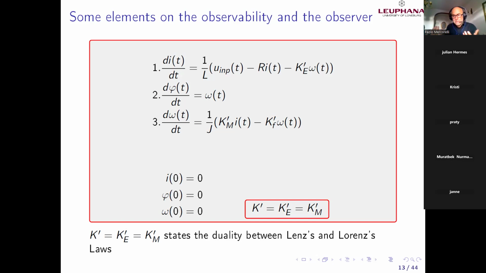inside the form, or let me say behind the form, we have something essential. The form is the derivative of all state variables, current, position, rotor velocity, equals a function of the state variables and the input. This formal aspect allows me to say that the idea is to monitor.